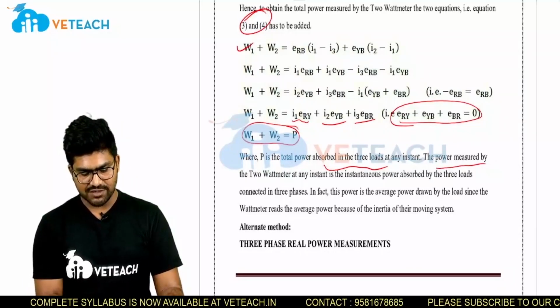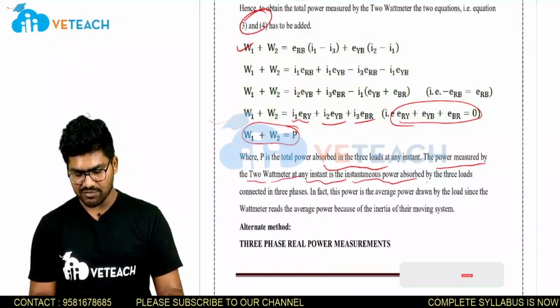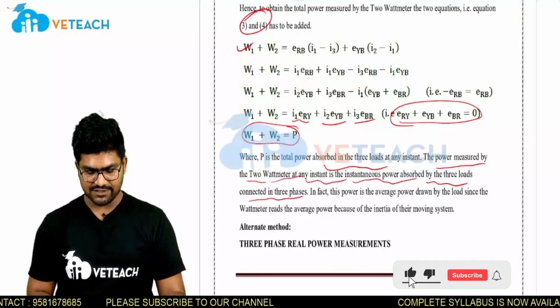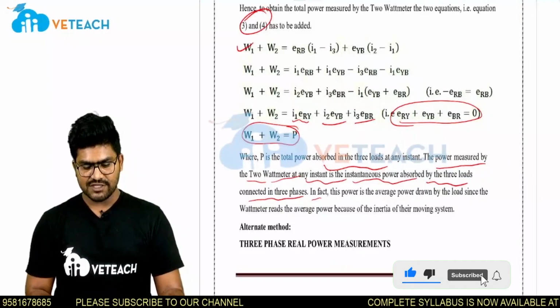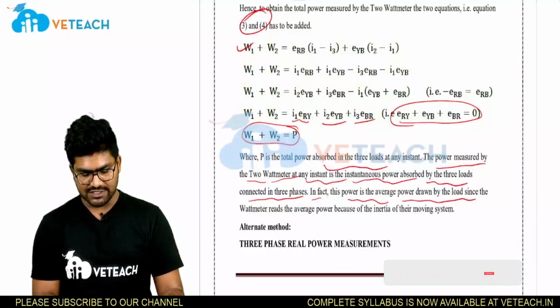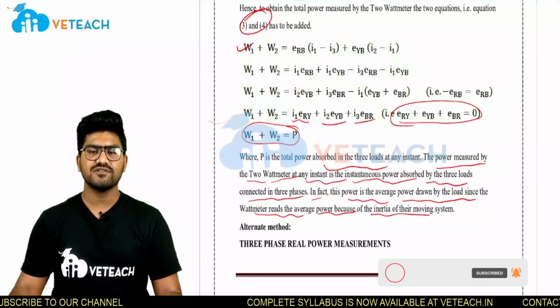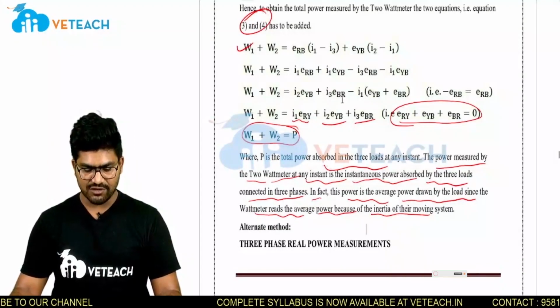The power measured by the 2-watt meter at any instant is the instantaneous power observed by the 3 loads connected in 3 phase. In fact, the wattmeter reads the average power drawn by the load, because of the inertia of its moving system.